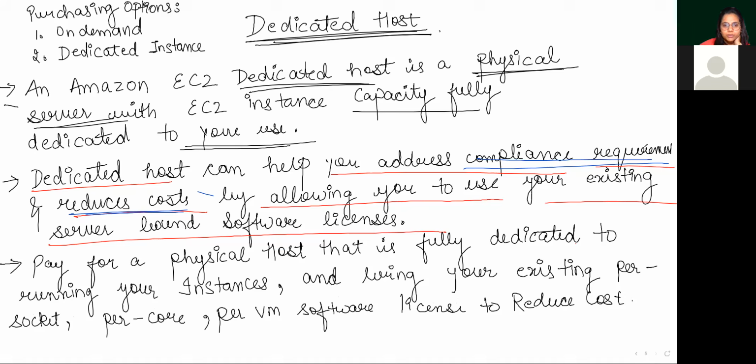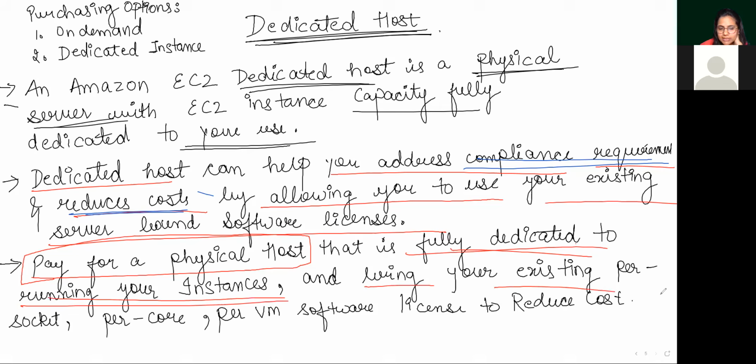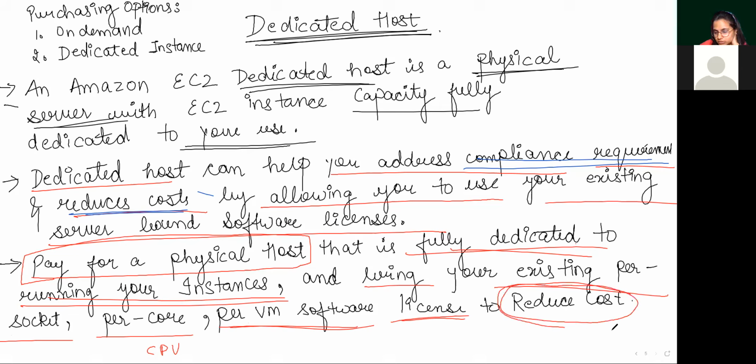So try to understand this one. What they're saying: pay for a physical host. You just have to pay for a physical host that is fully dedicated to run your instance, meaning it will run only your instance, and bring your own existing per-sockets. If you have per-core processor CPU, you can add more CPU to it. You can bring your own virtual machine software licenses, so that you don't buy all these things again while creating an EC2 instance, and it reduces the cost of your EC2 instance.